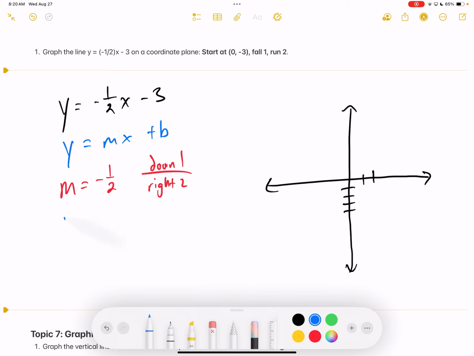And my y-intercept is going to be negative 3. Again, that's my starting point. So we start at negative 3, and then I go down 1 to the right 2. So I started at 0, negative 3, down 1 to the right 2.